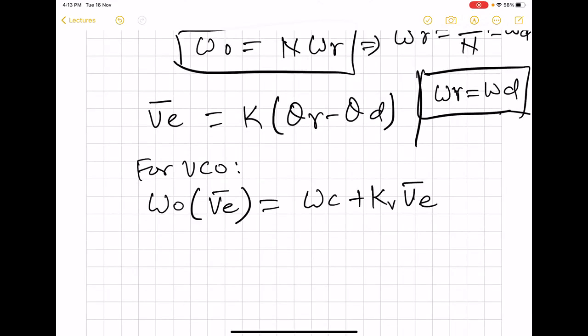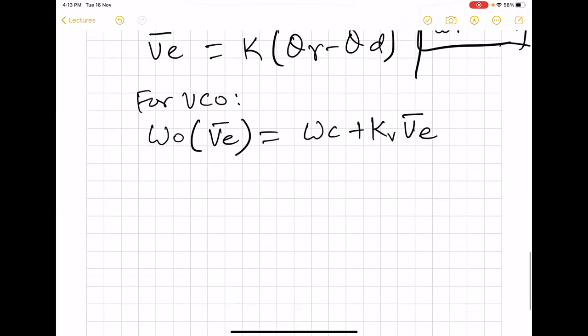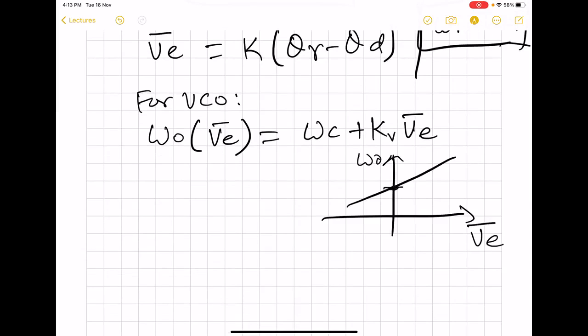So it is this kind of relation that will be followed by the VCO. So here is output frequency, here is VE bar, and we will get this kind of output.